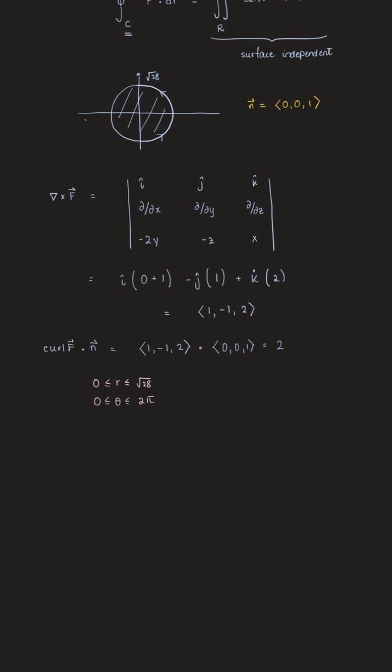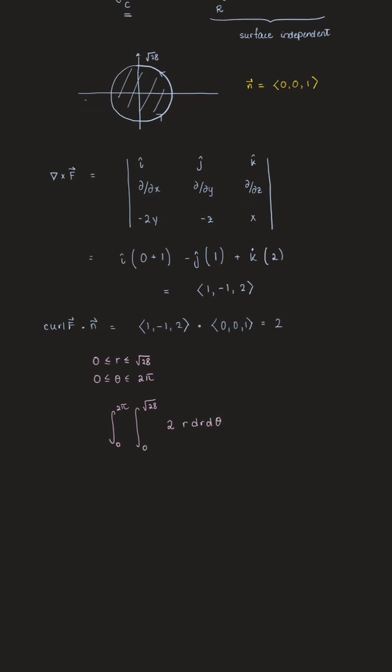And setting up our double integral, then we have the integral from 0 to 2 pi, integral from 0 to the square root of 28, the curl dotted with the normal, so the component of the curl on the surface is 2, and then we have r dr d theta for the area element for polar coordinates.